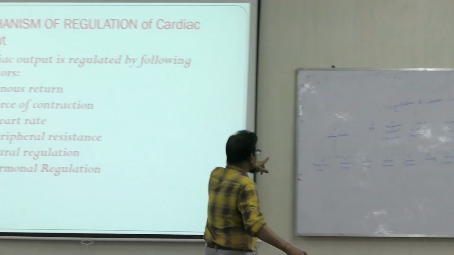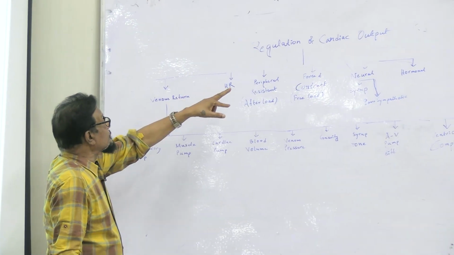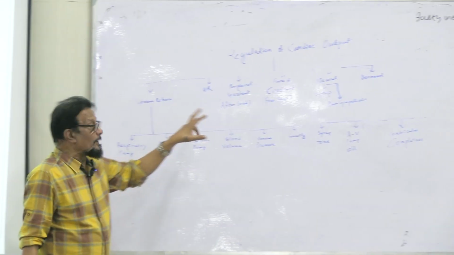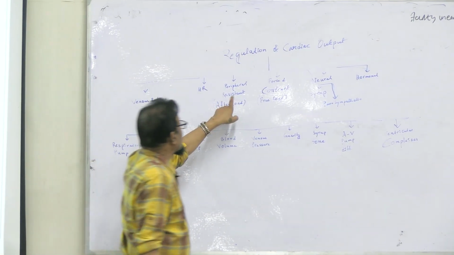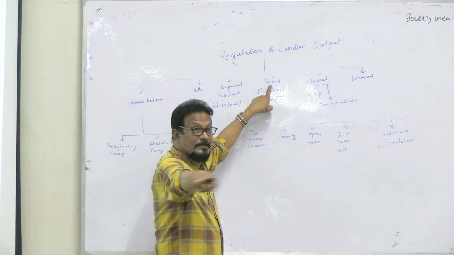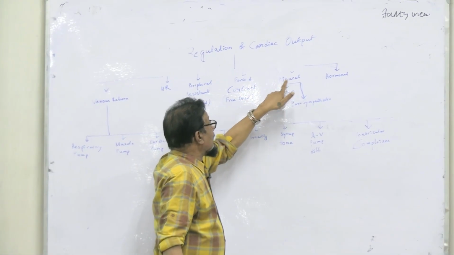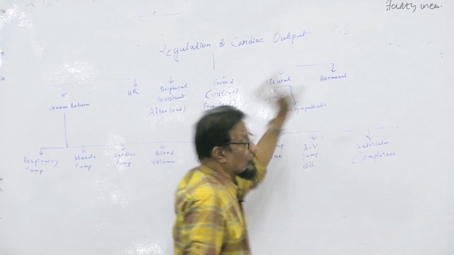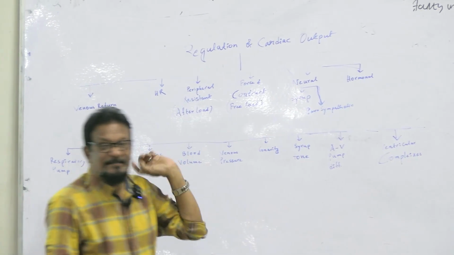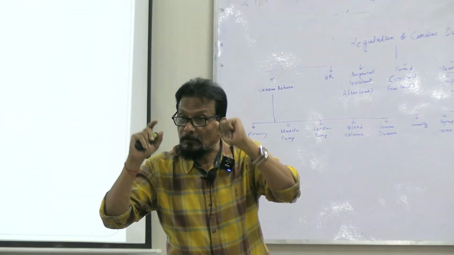So here we will see the regulation of cardiac output. What are the main factors? Venous return, heart rate, peripheral resistance, force of contraction. Write it down. Force of contraction, neural factors, which have sympathetic and parasympathetic components, and then hormonal factors. So these are the main 6 factors by which we regulate our cardiac output.